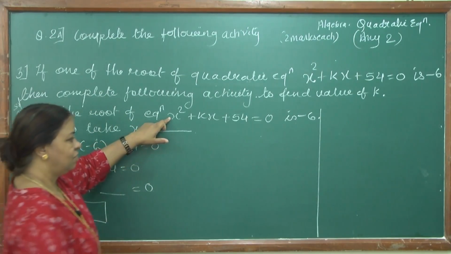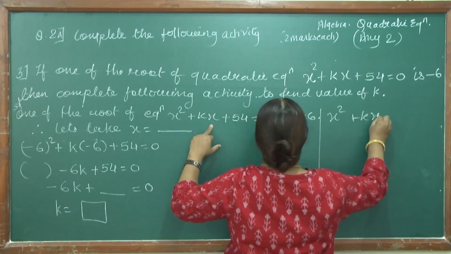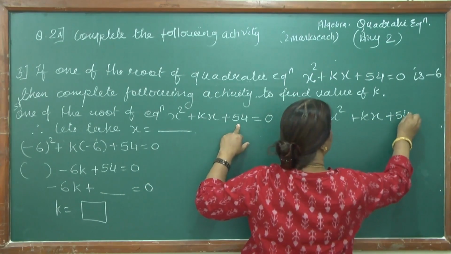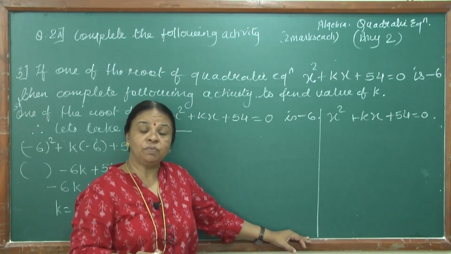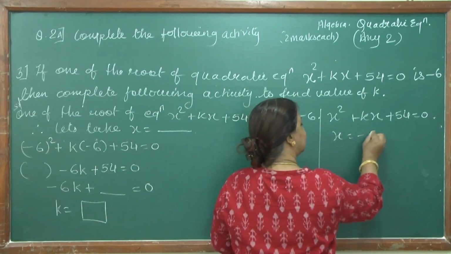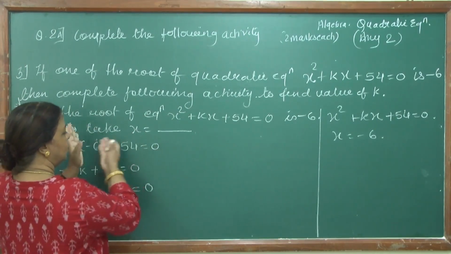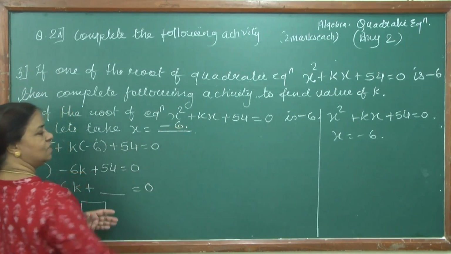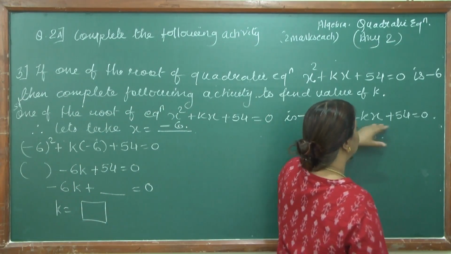Let's see. First, the solution: x square plus kx plus 54 is equal to 0, and one of its roots is minus 6. One of the roots means x is equal to minus 6, so we will take x is equal to minus 6. Wherever x is there, we will fill in that value.